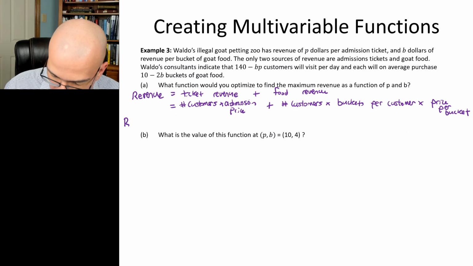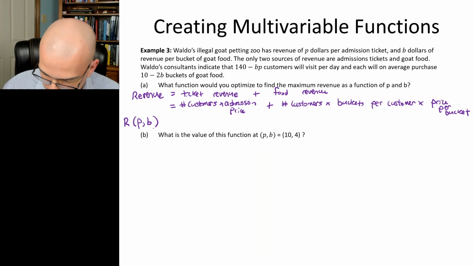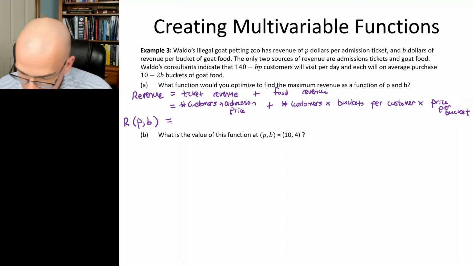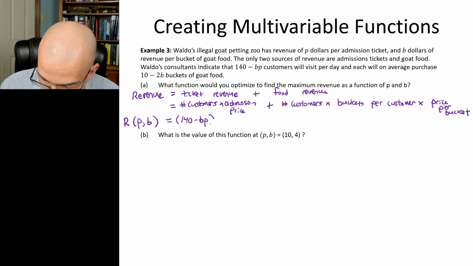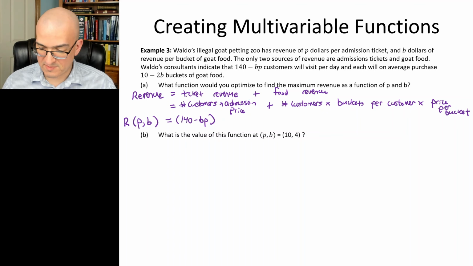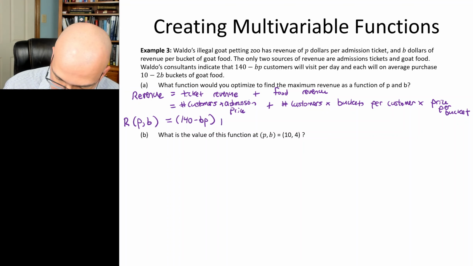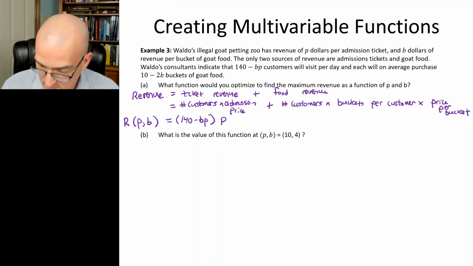This is going to be R of P comma B. So number of customers, it says 140 minus B times P customers, and then multiplied by the admission price, which is P. So that part's done.